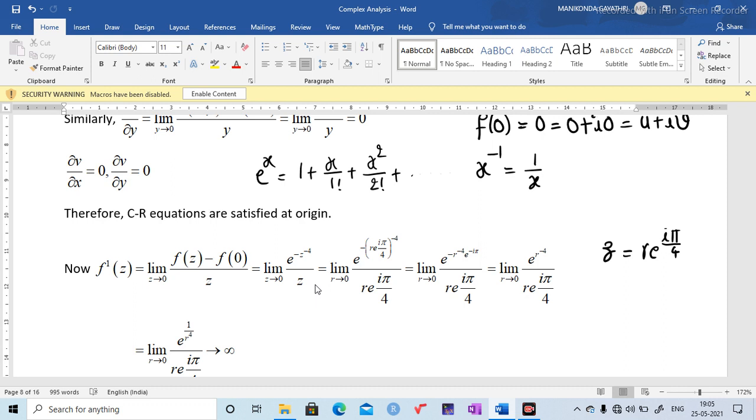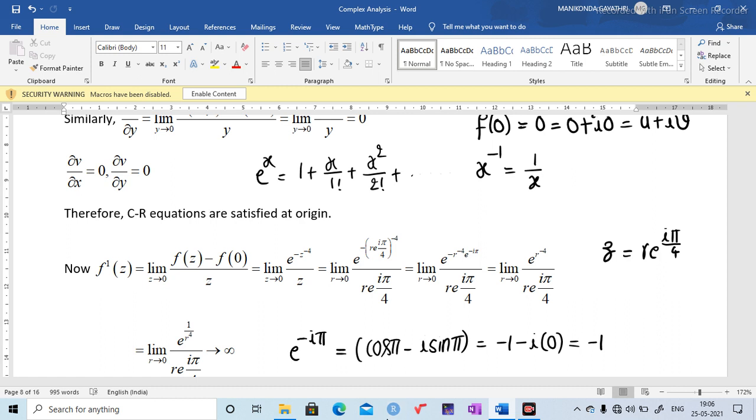Then e power minus i pi, this minus sign we are going to get here. So the e power minus i pi value we need, that is cos pi minus i sin pi. We know that cos pi is minus 1, sin pi is 0.